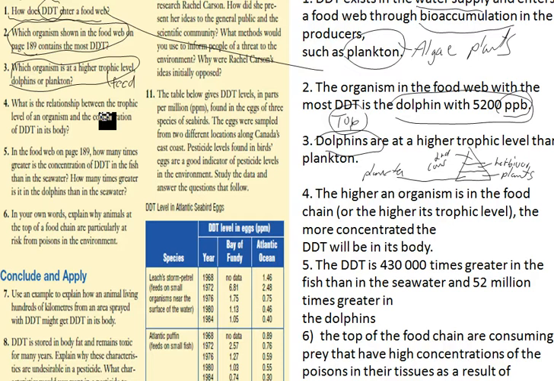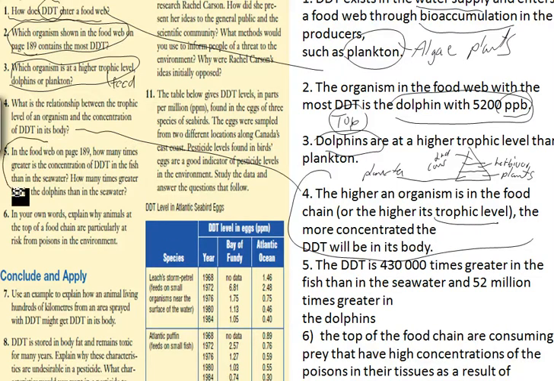What is the relationship between the trophic level of an organism and the concentration of DDT? So number 4, the higher an organism is on the food chain or trophic level, the more concentrated the DDT. Next, in the food web on page 189, how many times greater is the concentration of DDT in the fish than in the seawater?